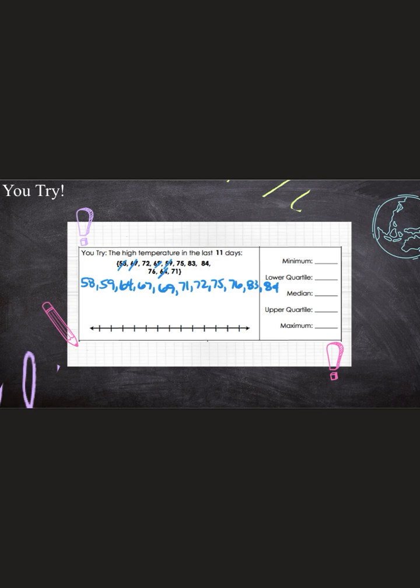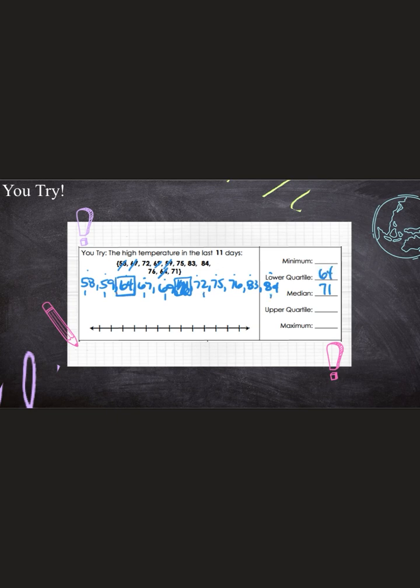All right, so I'm going to look for the median. So I'm going to count from the outside. And I'm going to see that when I get to the middle, I only have one number in the middle. So 71 is my median. Don't count that one. Then I'm going to go from here. And now I only have 64 in the lower quartile.